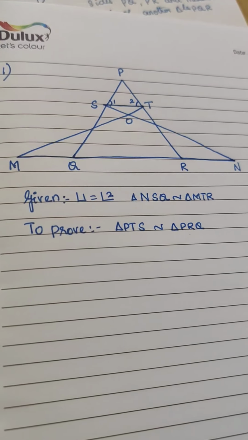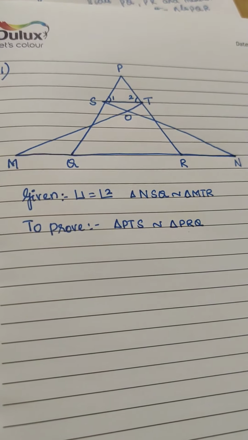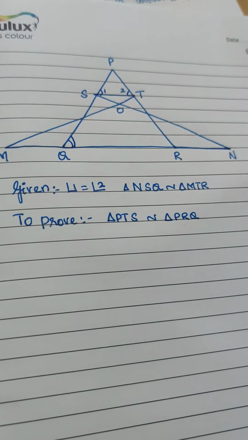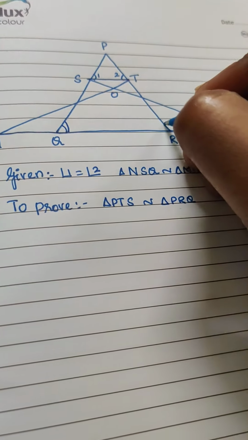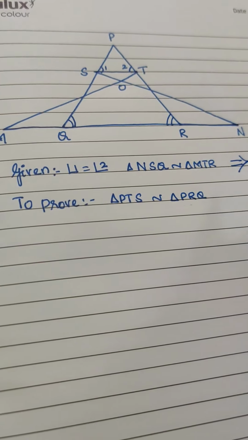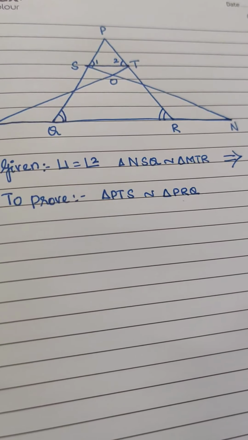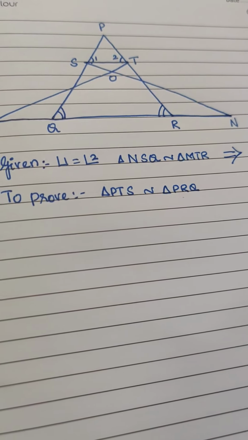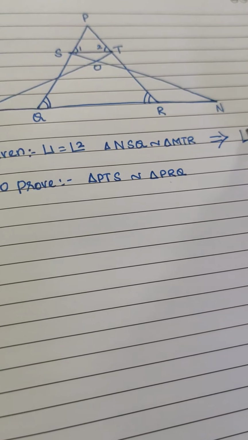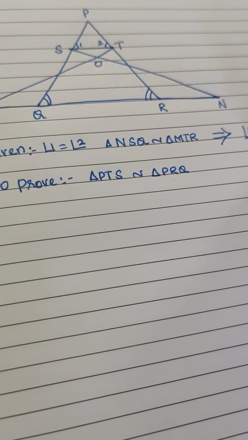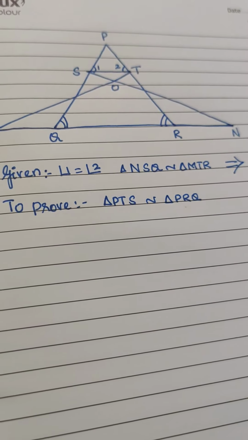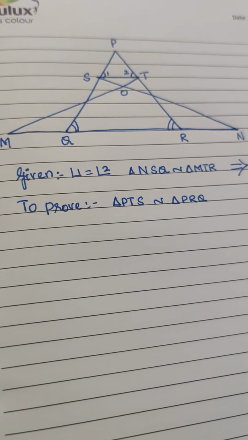So since the corresponding angles are equal, I will have this angle equal to this angle. So from this I will infer that angle SQN is equal to angle TRM.